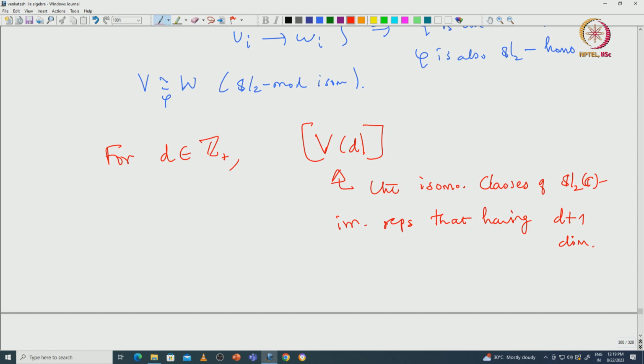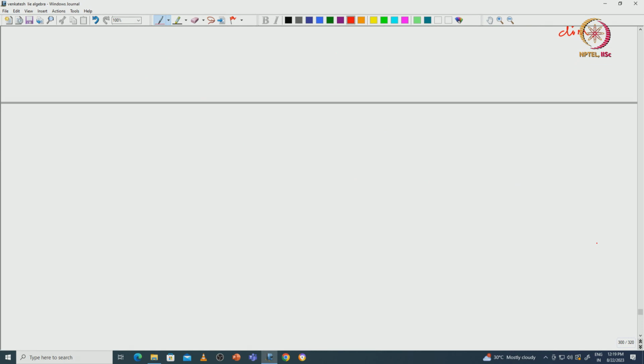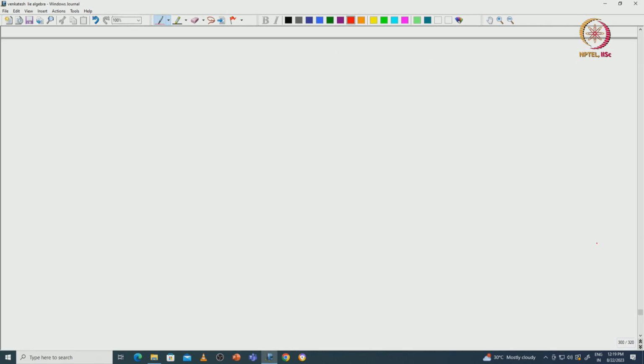Okay. So, that unique isomorphism class we call VD. So, whenever I say VD, that is an irreducible representation of SL2C whose dimension is D plus 1.